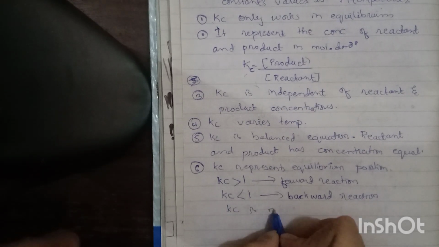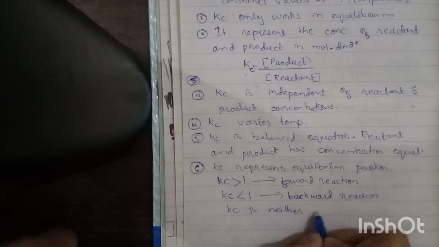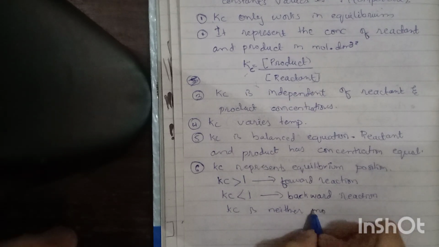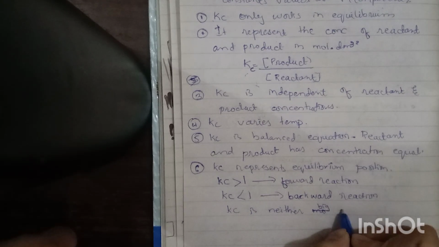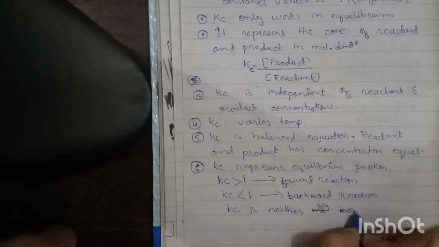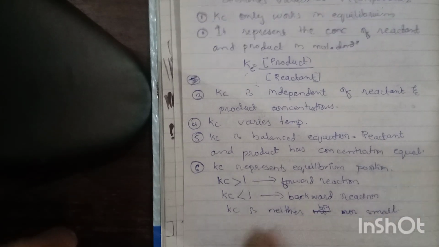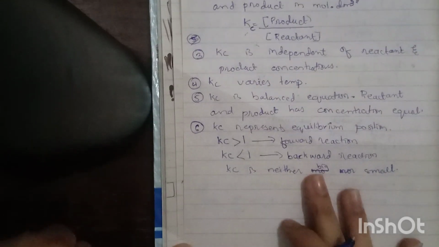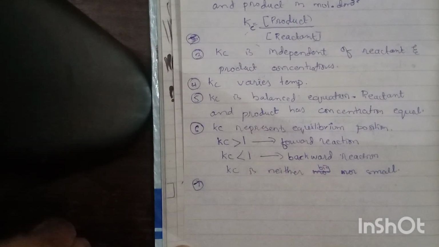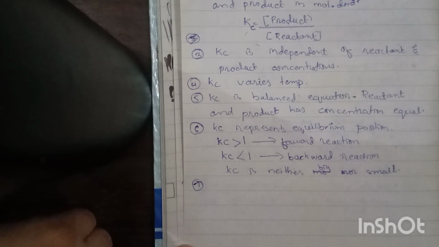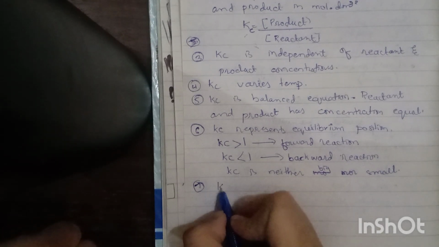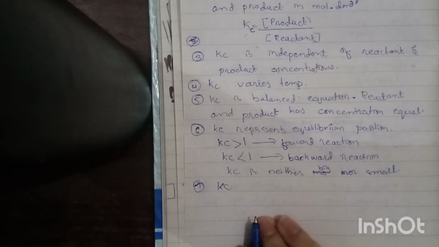But if you see the Kc is less than 1 after dividing, you can say it is a backward reaction. And if Kc is neither big nor small, it is an equilibrium position. Let's discuss the last point, that is Kc is a constant of equilibrium, the ratio of product to the reactant.